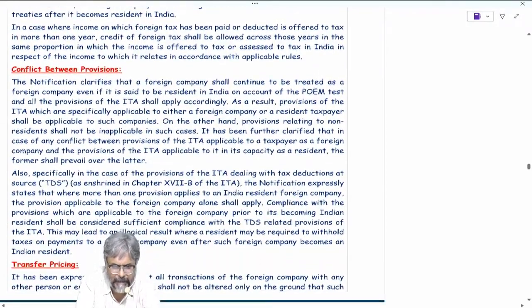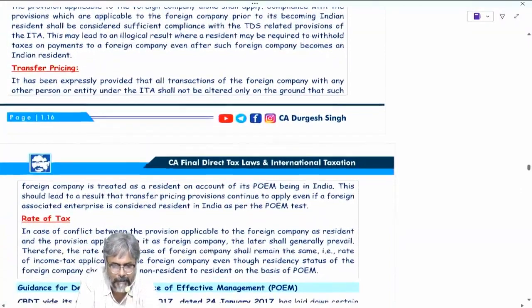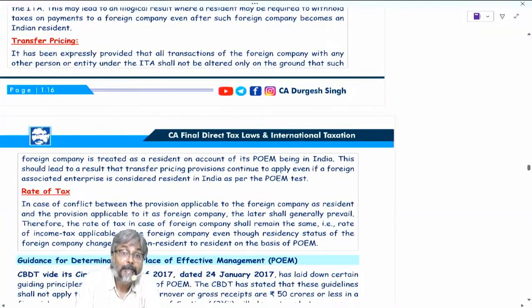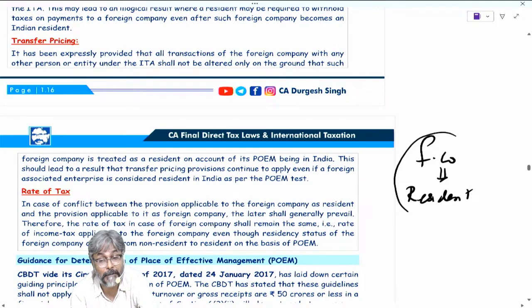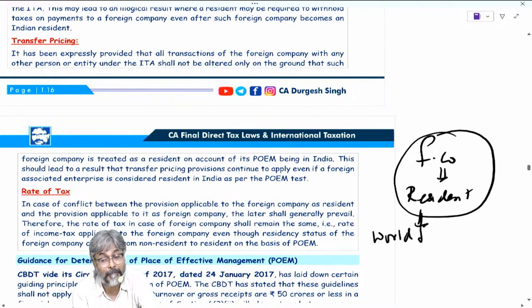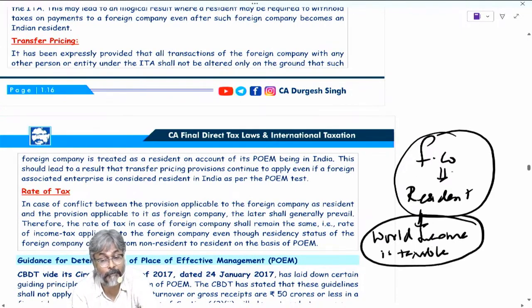Students, can you tell me what will be the applicable tax rate? This foreign company is a resident now, and because it is a resident, the world income is taxable in India. The global income is taxable in India. All of you agree?